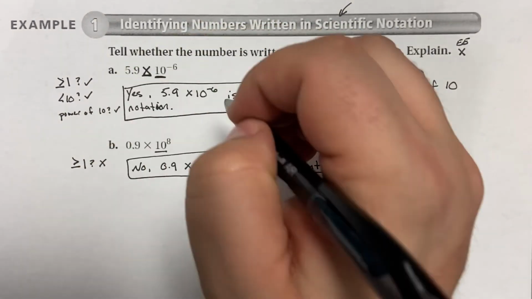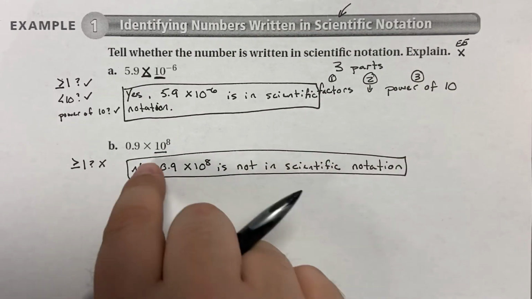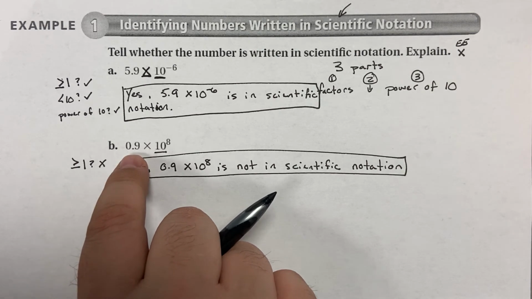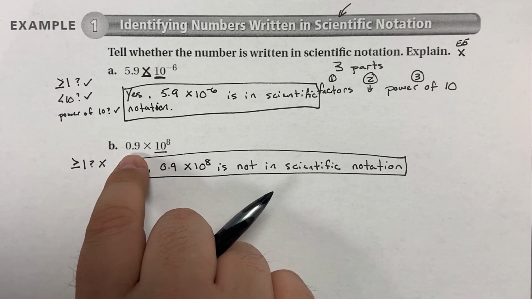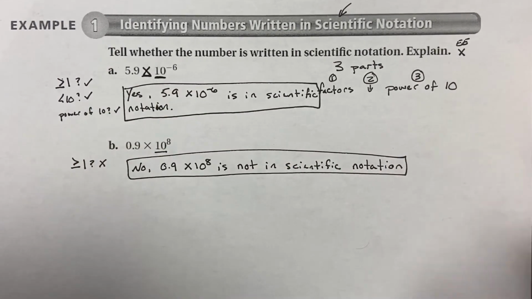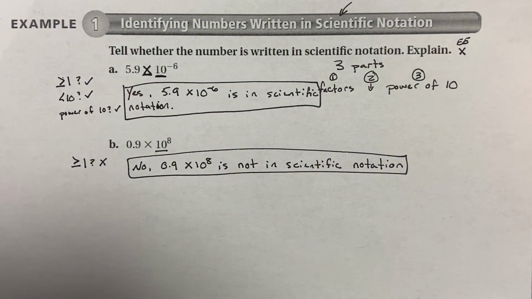Everything after the multiply you're going to be able to recognize right off the bat. It comes down to the factor. Is the factor greater than or equal to 1 and less than 10? As long as it fits in that little window, it's going to be in scientific notation when you're multiplying by a power of 10. Now pause the video and copy what is on your screen into your notebook.